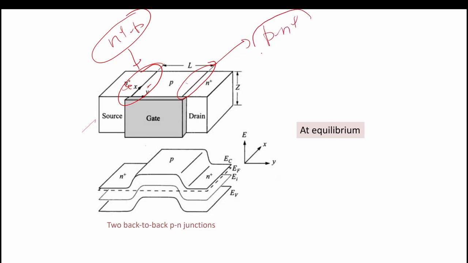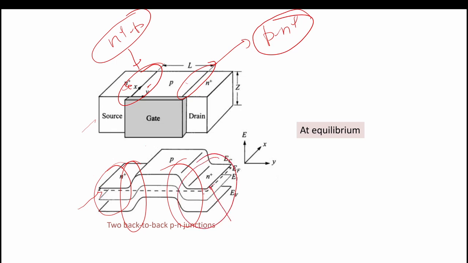So there are two PN junctions back to back, this junction and this junction. So this is N type, so the Fermi level is close to the conduction band in this region. And this is N type, N plus plus. So the Fermi level, this dashed sheet, we are taking the 3D model.